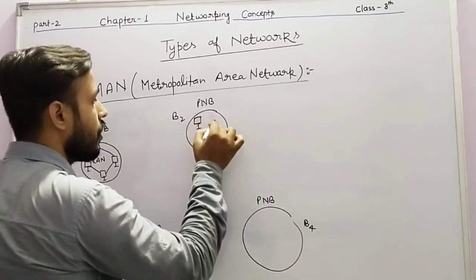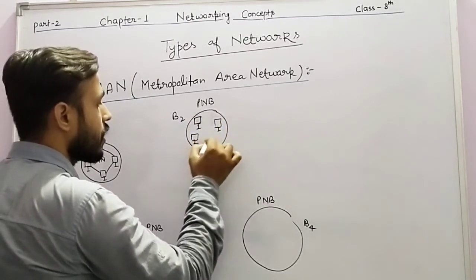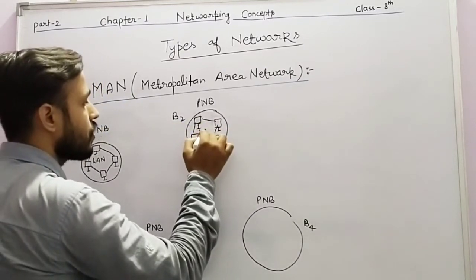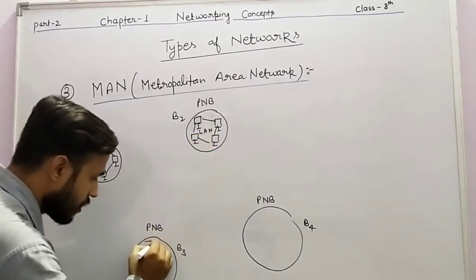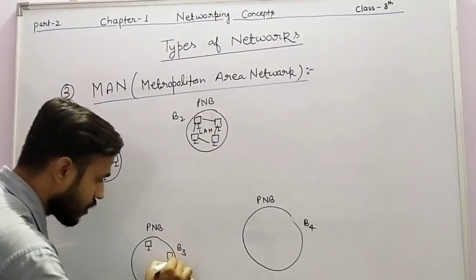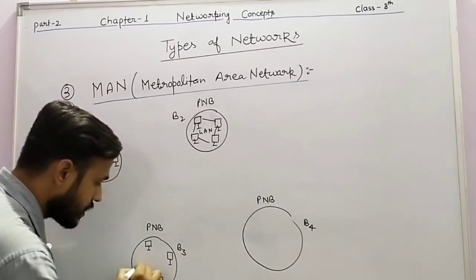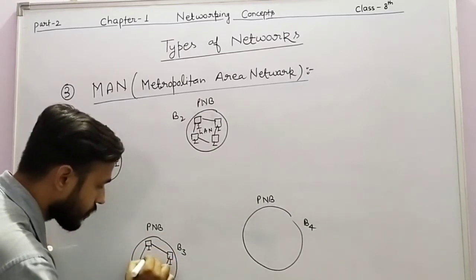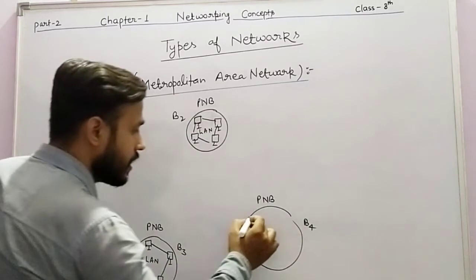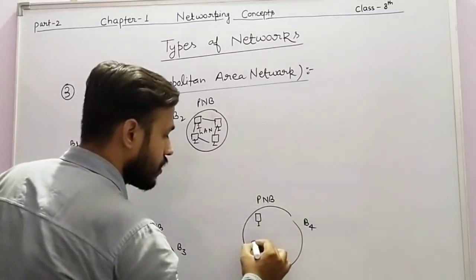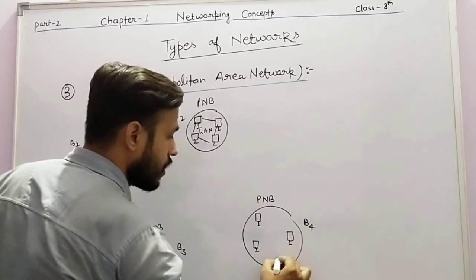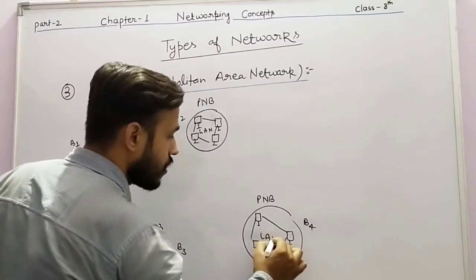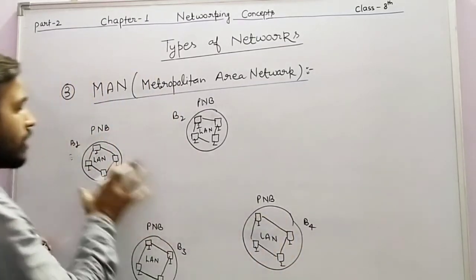Similarly here, all these computers are connected to each other, and this is also a local area network, because in this building also all these computers are connected to each other, and in this area also. So this is the connection of a particular area.